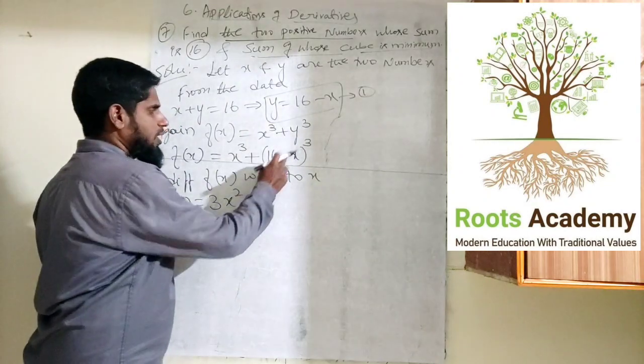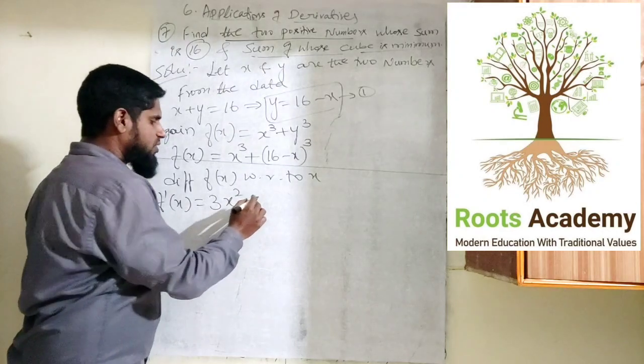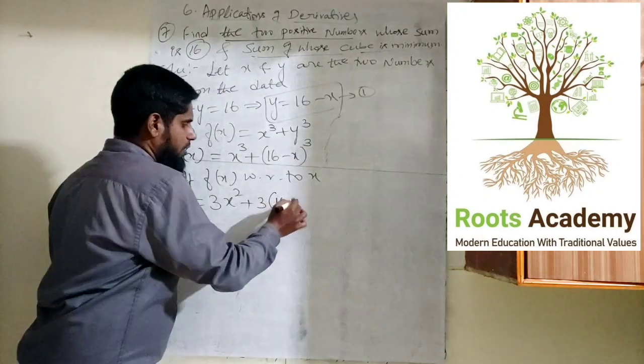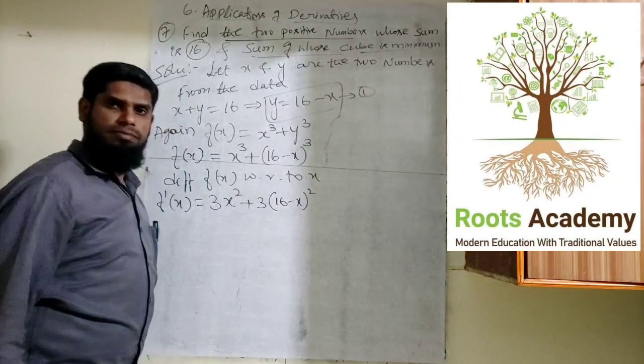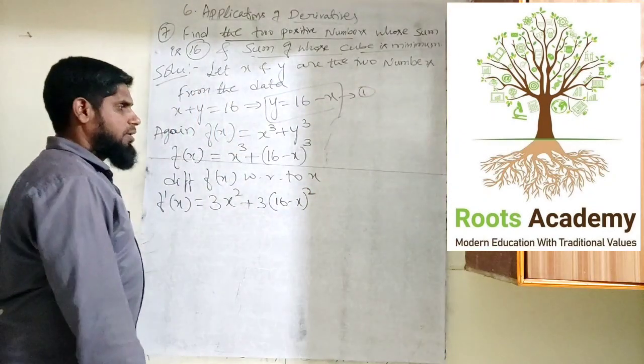First let us consider this in x cube format, and we know the derivative of x cube is 3 into x square. Isn't it? 3 into x square.